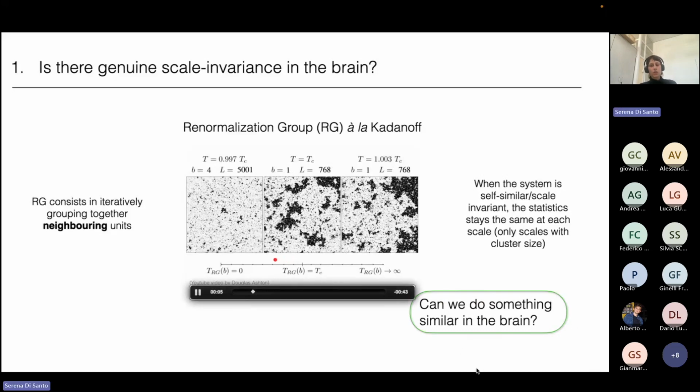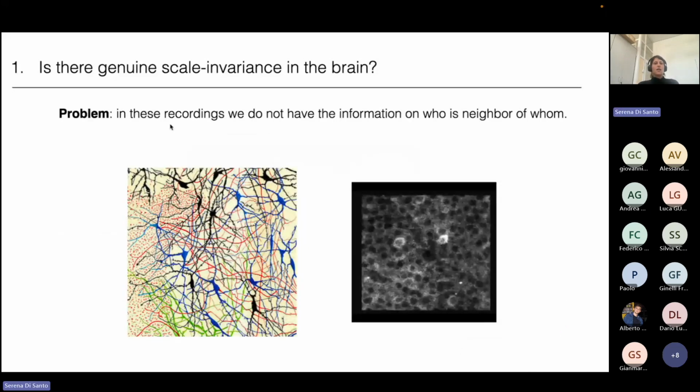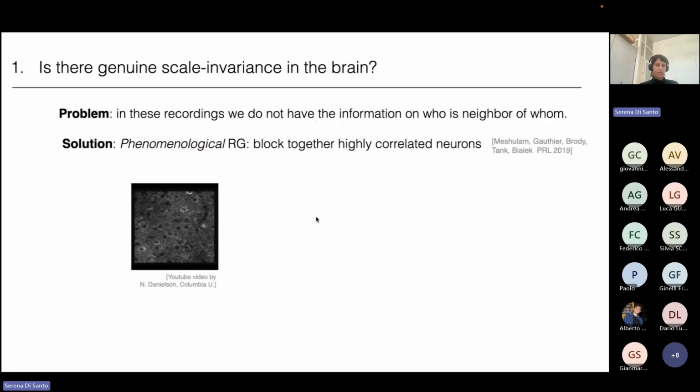Okay, so the idea is, can we do something similar in the brain? Basically, in this system, we have a big problem: most of the time, we do not have information about who is neighbor of whom, or more precisely, we don't have information on who is neighbor of whom together with information on which neuron is active.